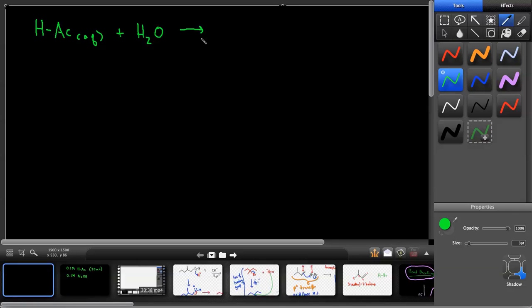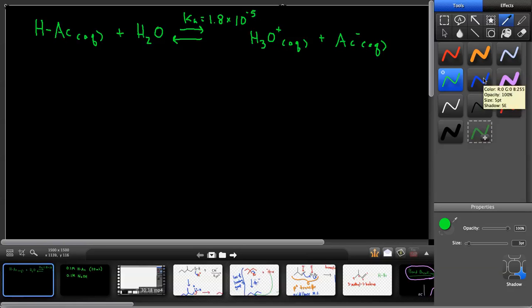Of course, since this is a weak acid, we know that this is at equilibrium. We also know that the Ka for acetic acid is 1.8 times 10 to the minus 5. And my chemical products are the hydronium ion, which of course is also aqueous, as well as the acetate anion, which is also aqueous.